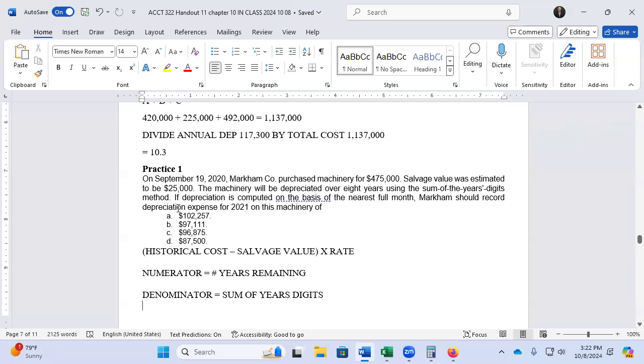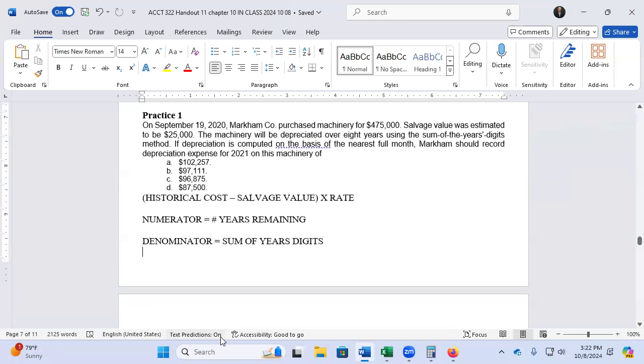We're looking for a full year for 2021, right? So we have part of this first year. So we take the 475 minus the $25,000 salvage value, and that equals 450,000.